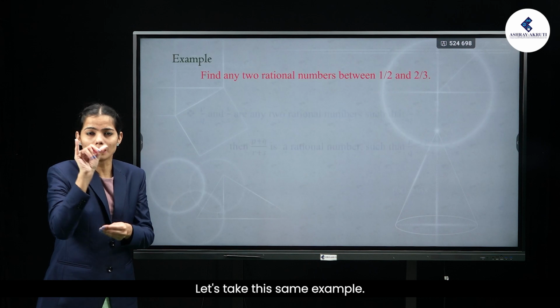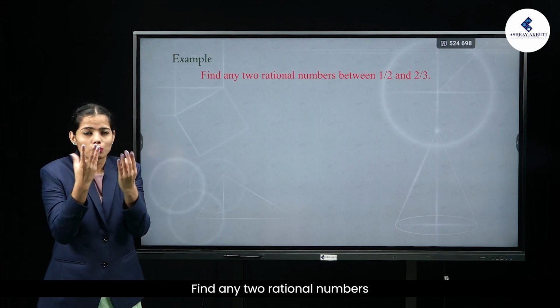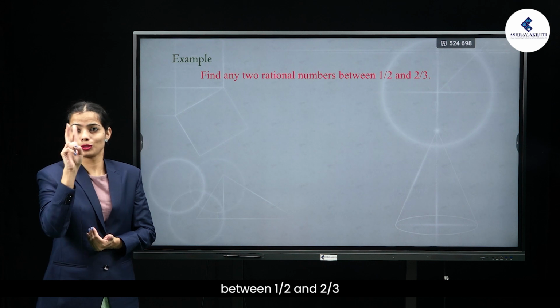Let us take the same example. Find any two rational numbers between 1/2 and 2/3.